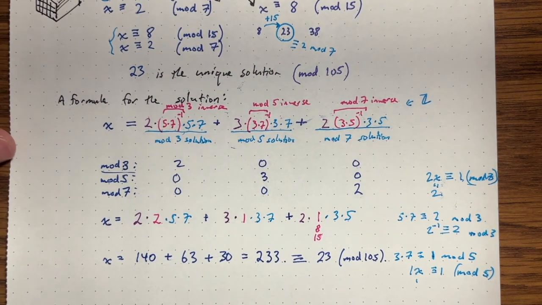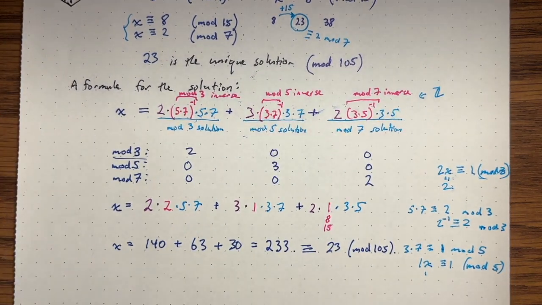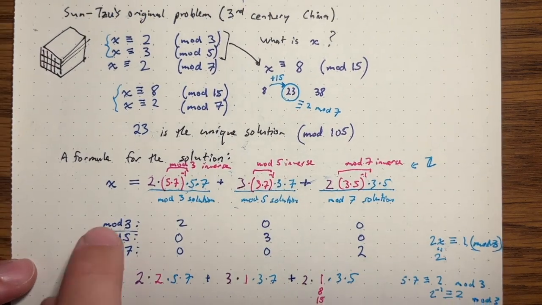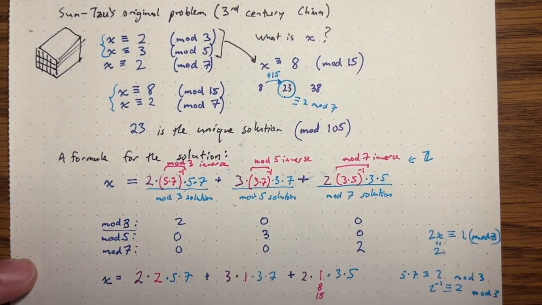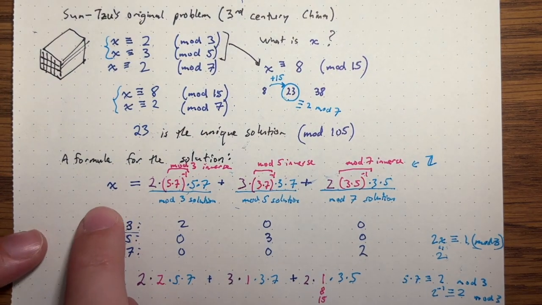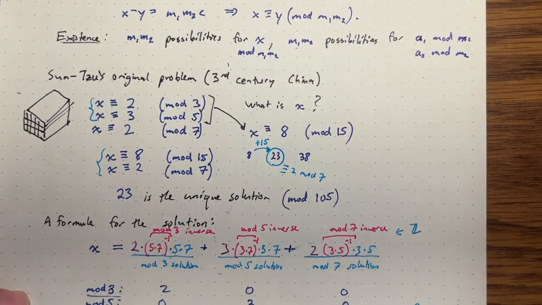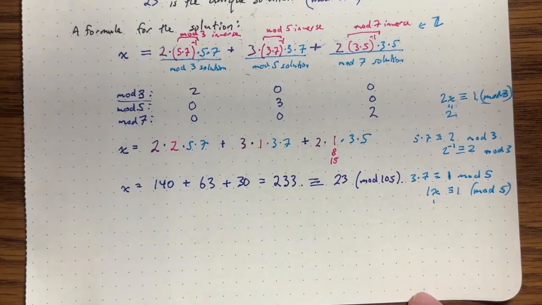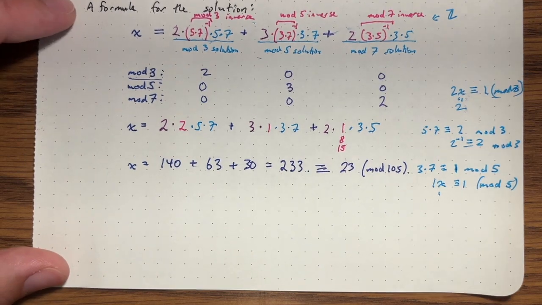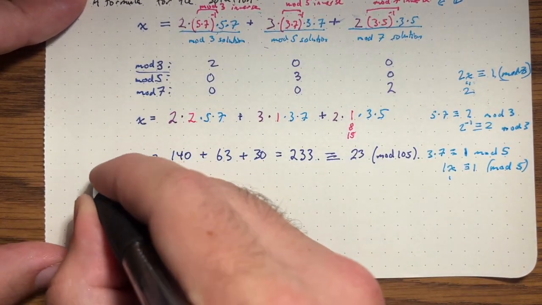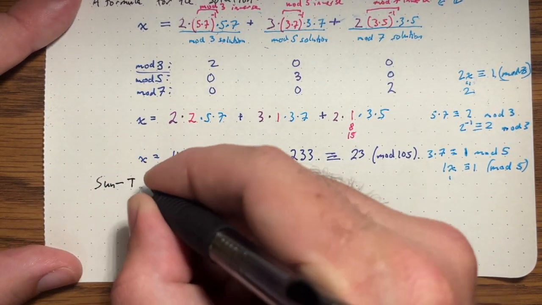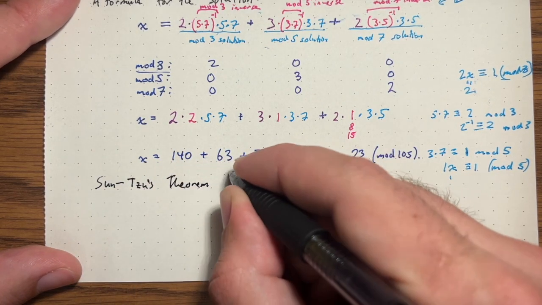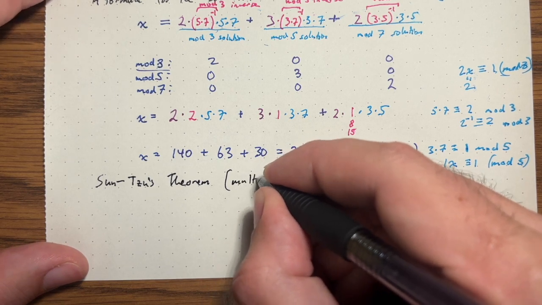And Euclid's algorithm is one of the fastest algorithms there is. So this is one way to solve a problem like this, by just writing down a solution. And you can generalize this for different numbers here. It's the same idea. So let me just briefly state down here the version of Sun Tzu's theorem for multiple equations.